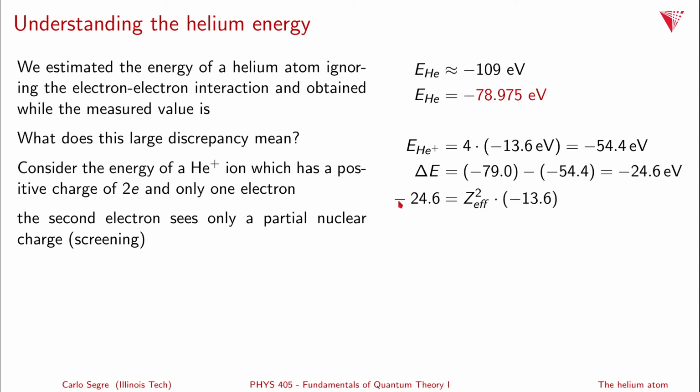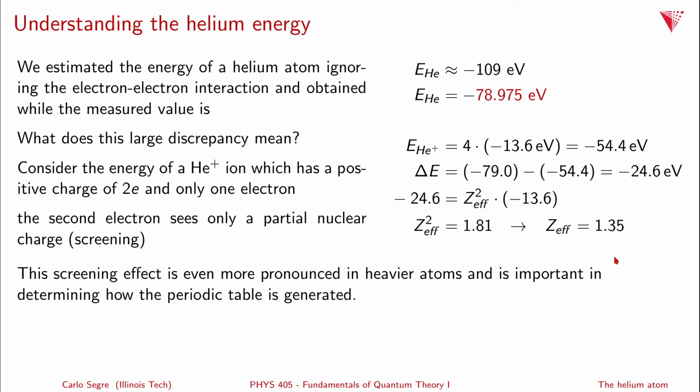If we consider that 24.6 as an effective Z squared, where this is just Z squared times minus 13.6 electron volts, we can find that Z effective squared is 1.81 and Z effective is 1.35. So on average, the second electron sees about 1.35e of charge from the nucleus because of the screening of the first electron.